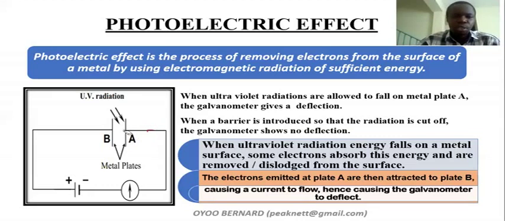Electrons are dislodged from this surface A, and there's a potential difference created by the power supply that we have here.